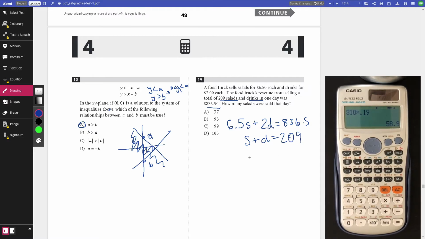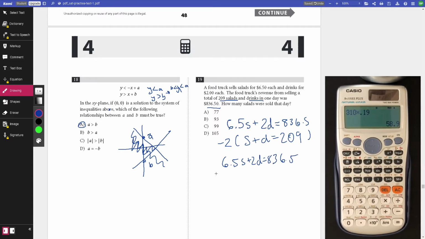For this, we can use elimination by multiplying that by negative 2. So the equation changes to this system.